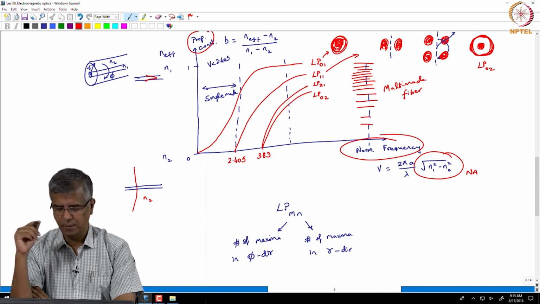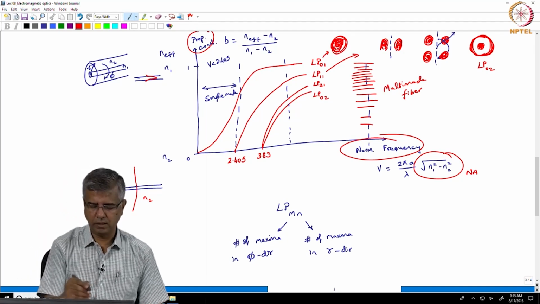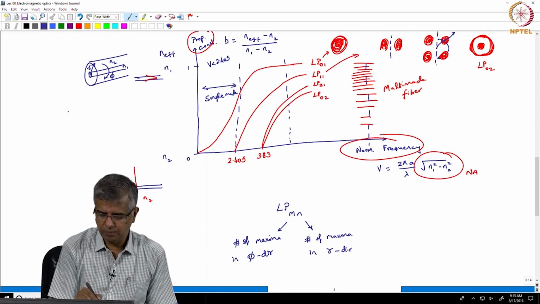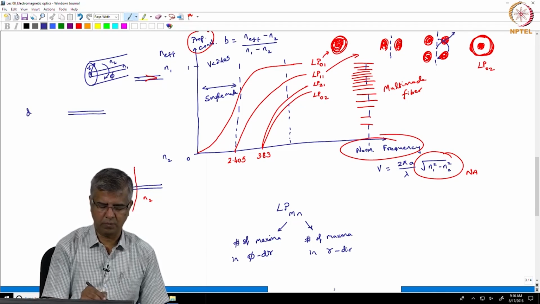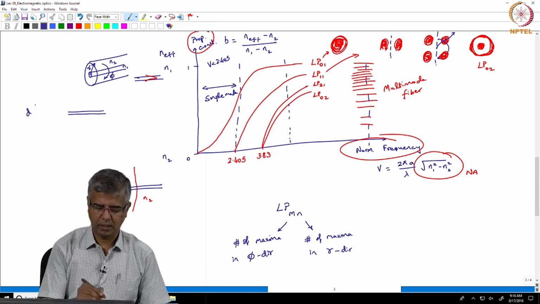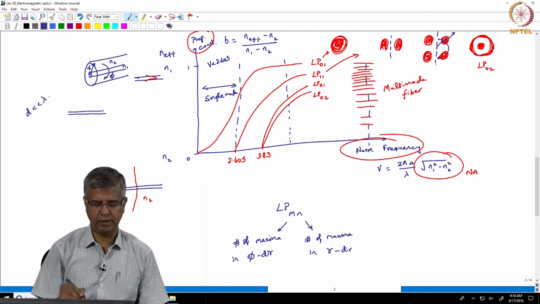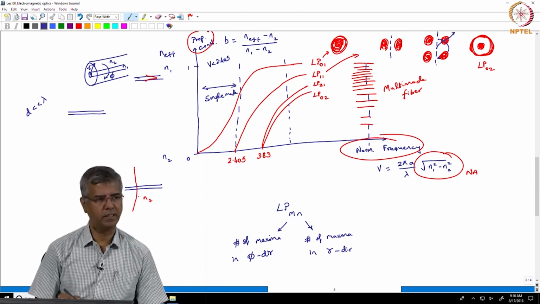Okay. So, one thing that I would also mention is, if we are considering a very thin waveguide, thin as in d, the diameter of the waveguide, which we have defined as 2 times a. If d is far less than the wavelength, then you would have a case where probably something like this is happening.